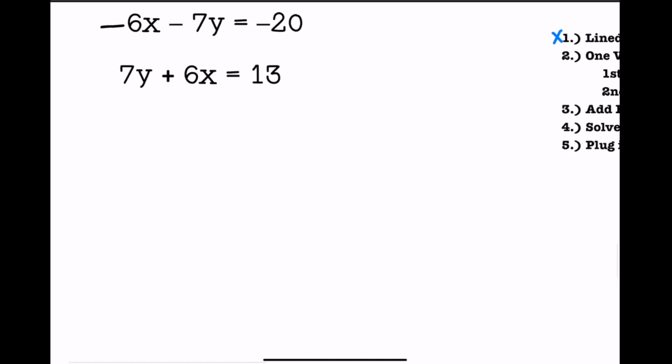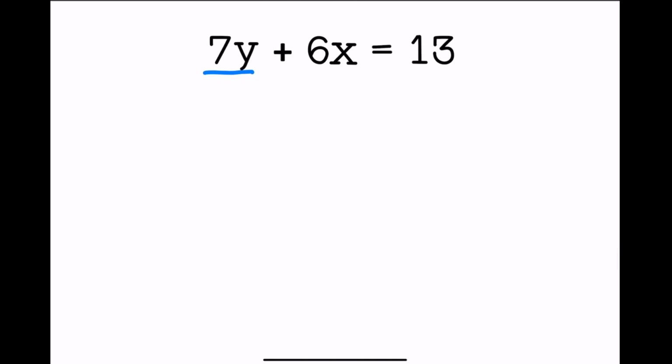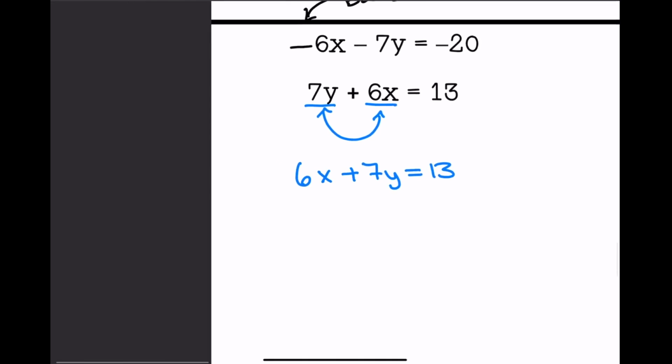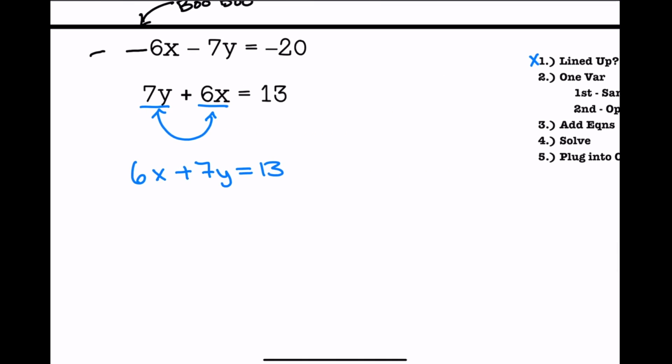No. So let's fix it. Underline these two because I like to make them go in alphabetical order, which means we're going to rewrite this as 6x plus 7y equals 13. Bring down my boo-boo problem and make sure I rewrite it with my corrections. Equals 13. Okay.